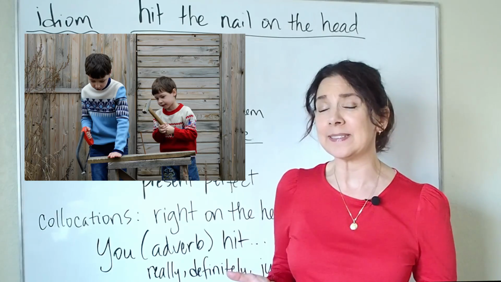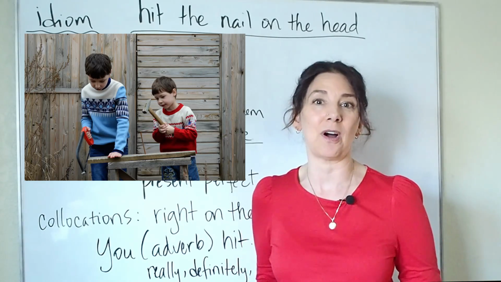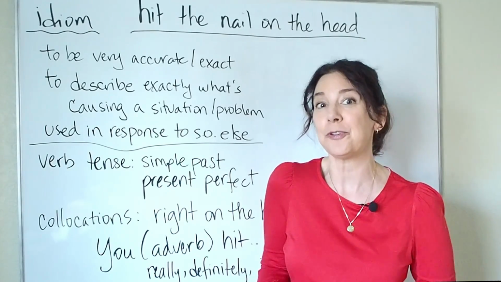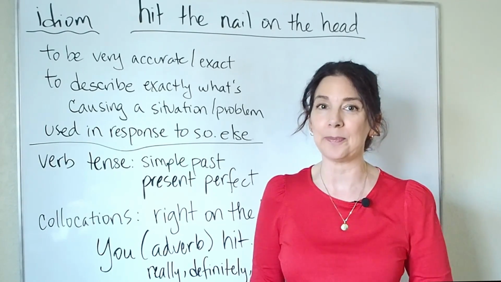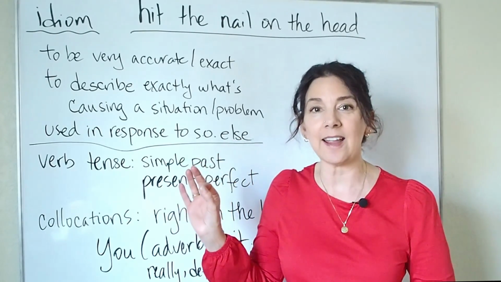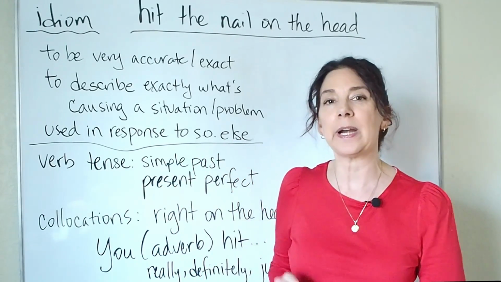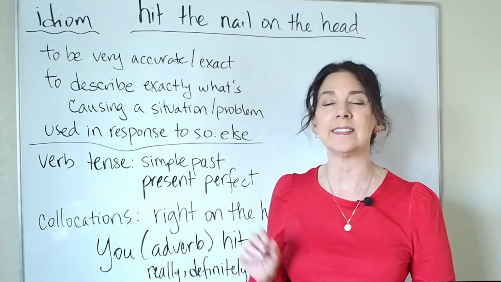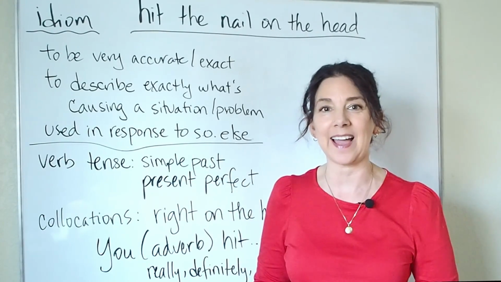Now, what happens if you hit the nail on the wrong spot? So maybe you don't hit the nail and you hit your finger, then you're going to have a problem. So this idiom comes from the idea that when you hit the nail on the head, you are hitting it in exactly the right spot. It is accurate or exact.